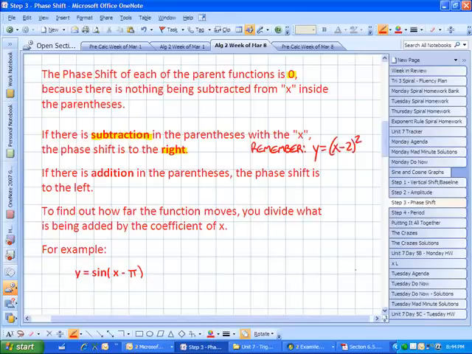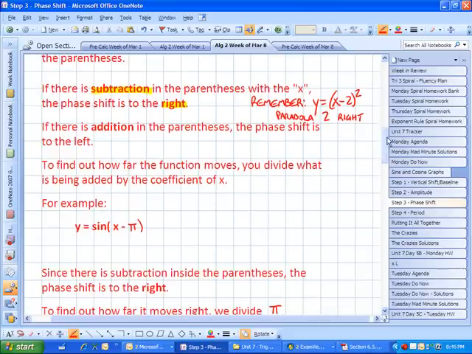You know that's a parabola, but it moves the parabola 2 to the right. We have a similar idea going here with our phase shift. Subtraction in the parentheses means it moves to the right. Addition in the parentheses means it moves to the left.